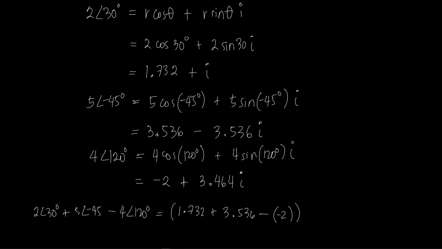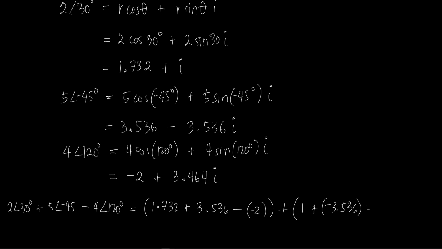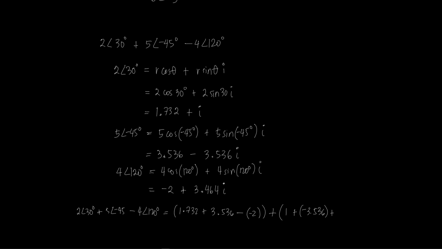Then for the b part, 1 plus negative 3.536 minus 3.464.